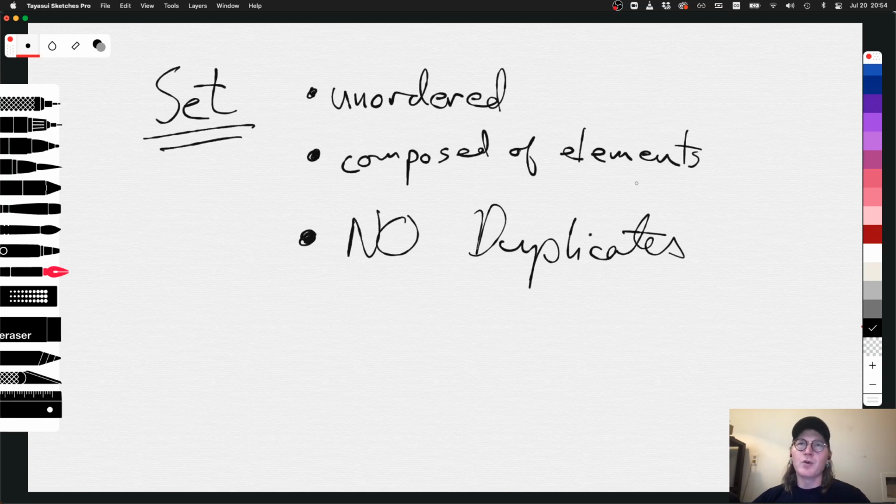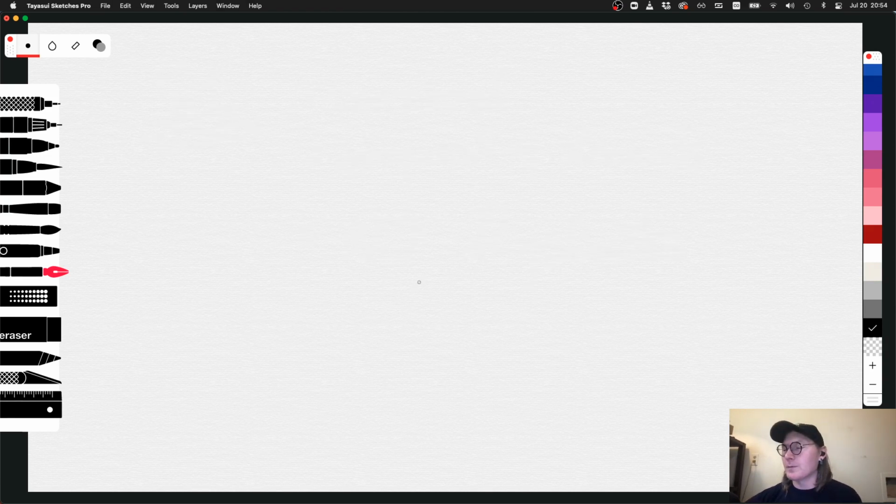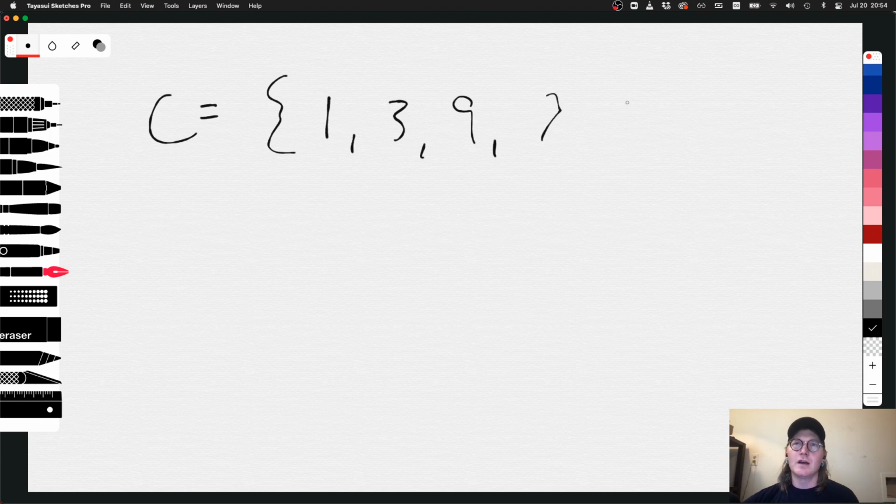There are a number of things that we'll think about with sets, but I'm going to give you a glimpse into the probabilistic idea, which is going to come around later. If we have a set, and I'll call this set C, and it has the elements 1, 3, 9, 7, 12, and 13.